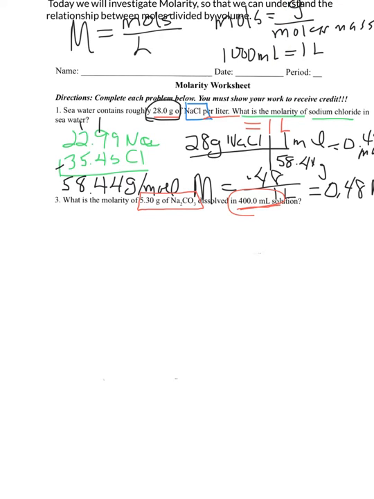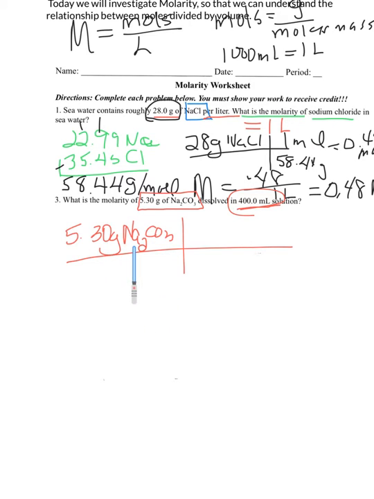Okay, so we have 5.30 grams of sodium carbonate, Na2CO3. And we need to convert this to moles. All right, now this is going to be a little bit of work because so far our conversions of grams to moles in these particular problems have been very simple.